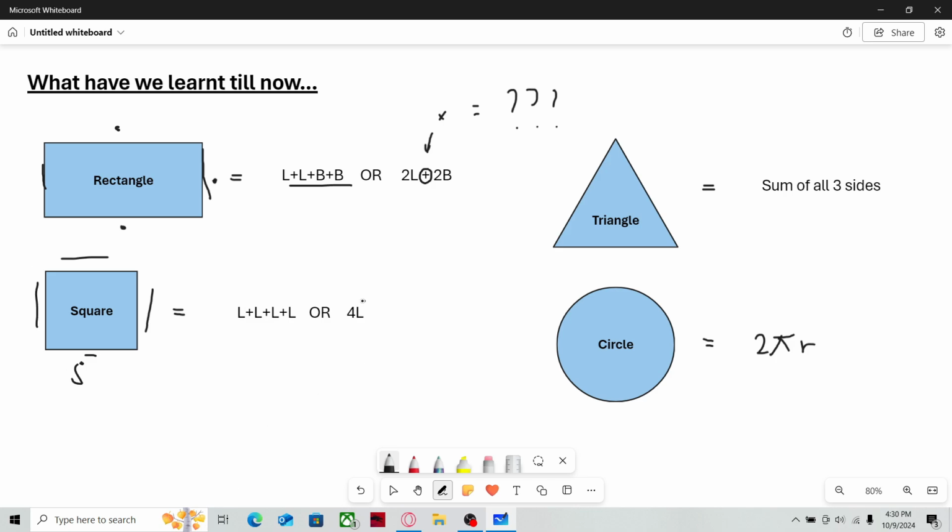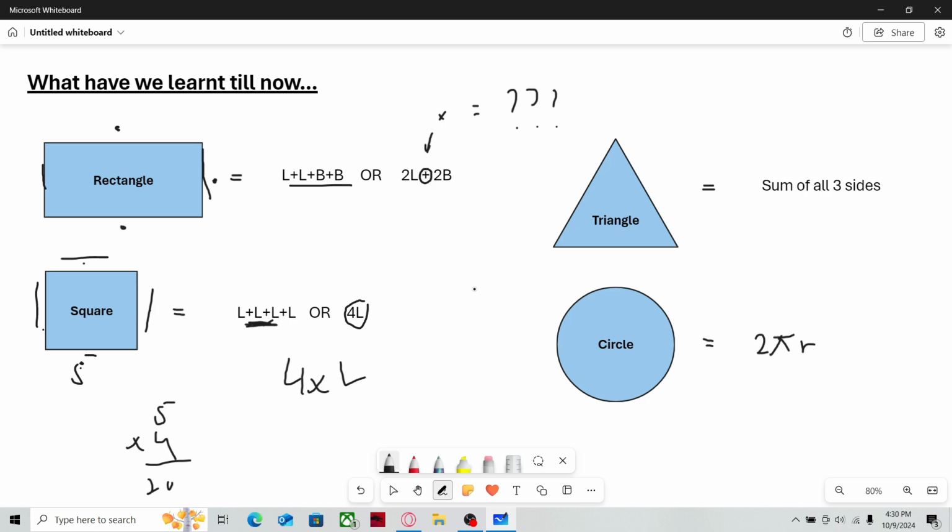Or you can use the formula 4 times the length. For example, 5 plus 5 is 10, 10 plus 5 is 15, 15 plus 5 is 20, so 4 sides. Or you can multiply it by 4 directly. 4 times 5 is still 20.